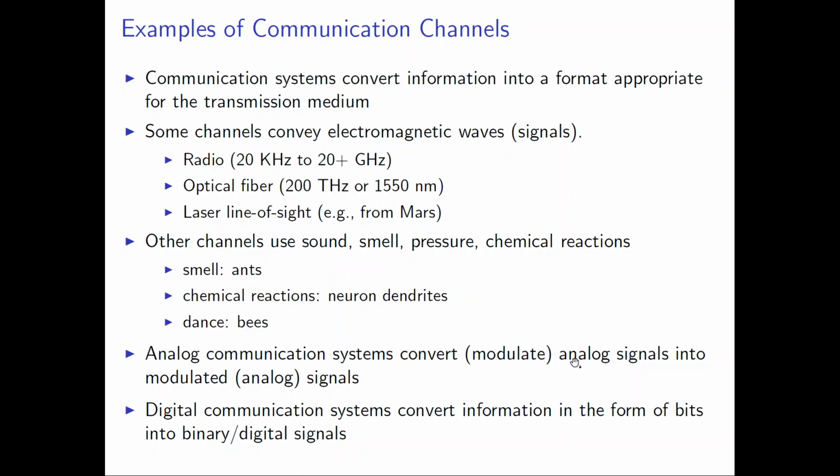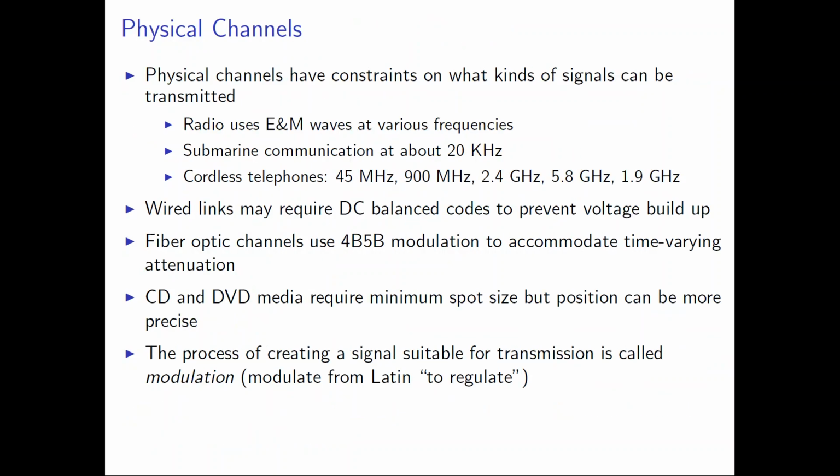Analog takes an analog signal and modulates it into signals ready for transmission over the air. Physical channels have constraints on what kinds of signals can be transmitted. For example, radio uses electromagnetic waves at various frequencies.